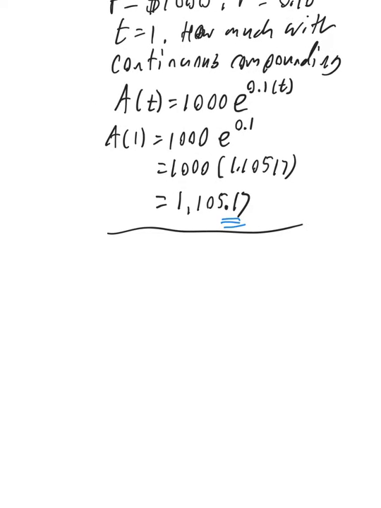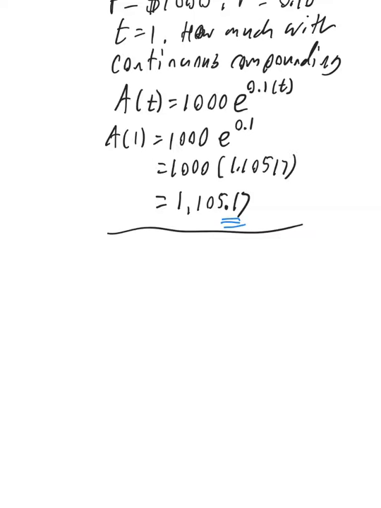All right, now we use this type of equation a lot for population modeling. Again, most species, people, bacteria, viruses are going to grow continuously, not at fixed intervals.